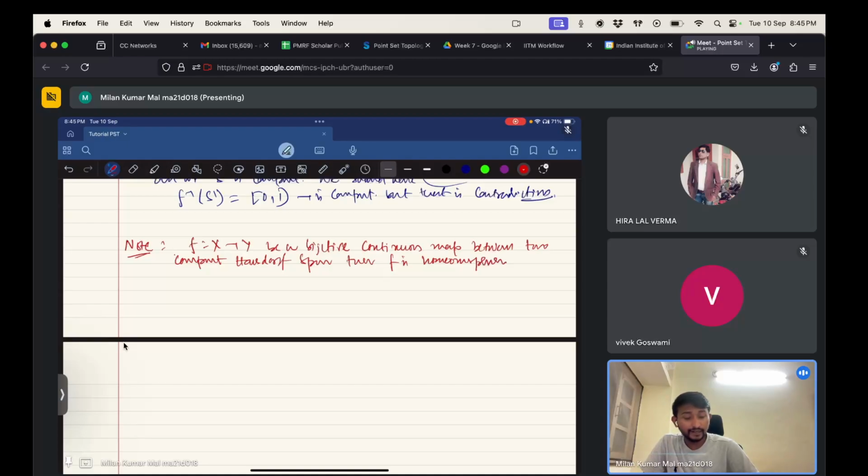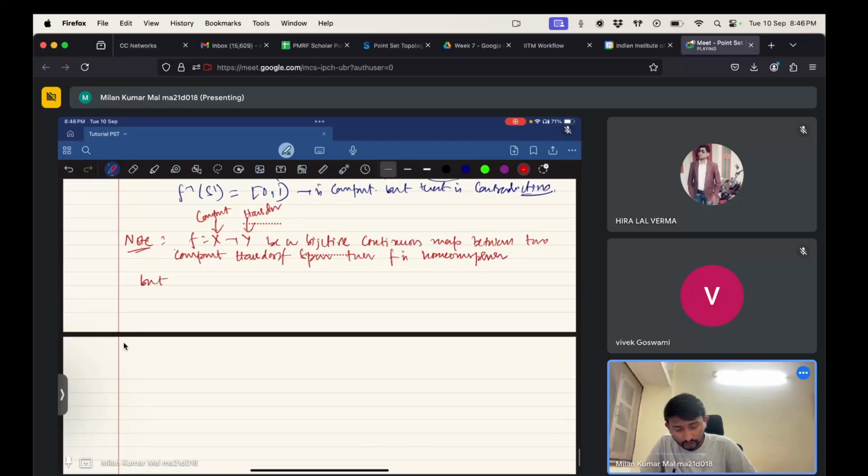Actually, we don't need both of them to be compact and Hausdorff. We need X to be compact and Y to be Hausdorff. These two facts. But when both are compact Hausdorff, we already have that one.